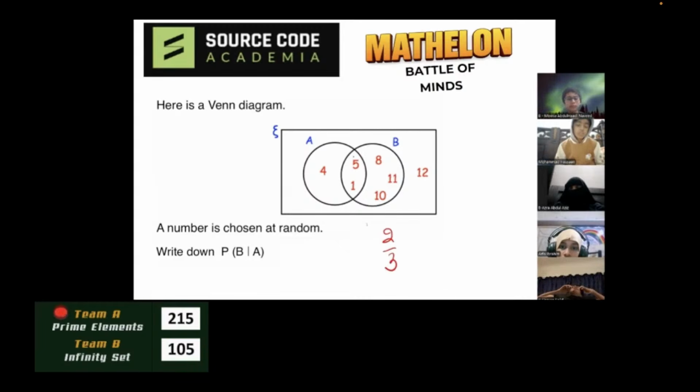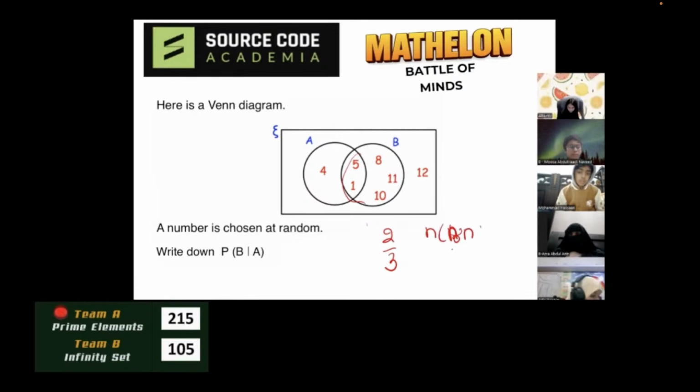There are 2 elements in B intersection A and 3 elements in A. Miss Fajr, we have to deduct 10 more points from them.